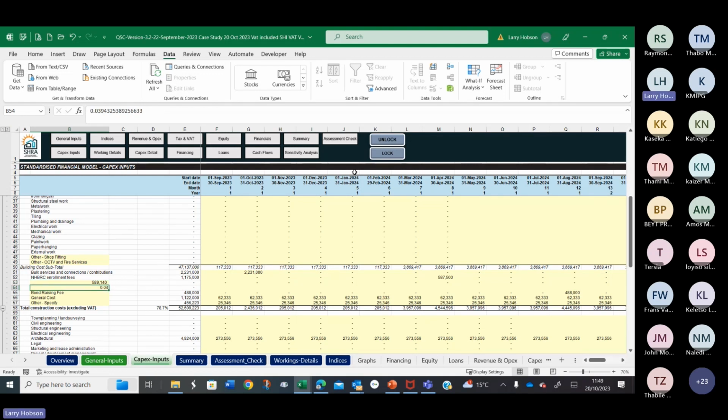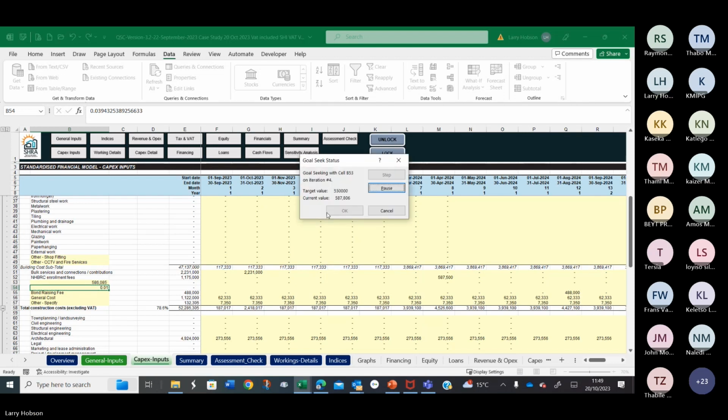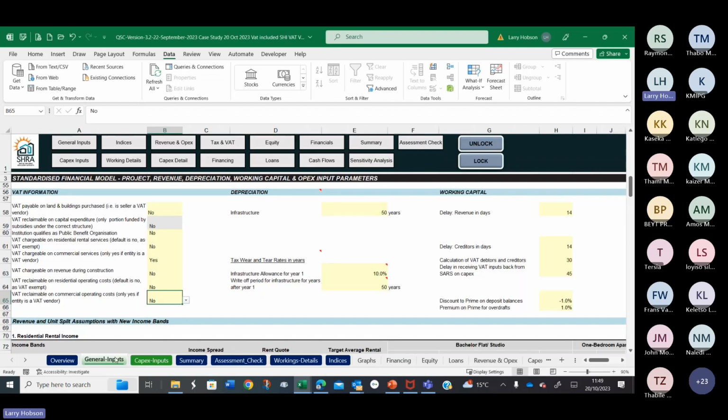So I'm going to do a goal seek to get that number there to 530,000 by changing that cell. Okay, so let's have a look.